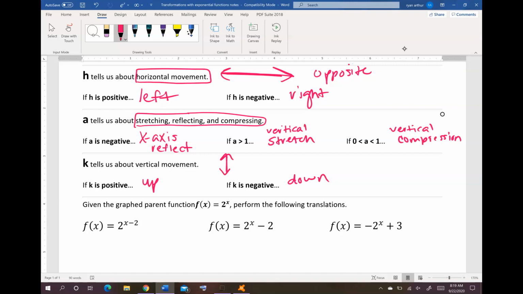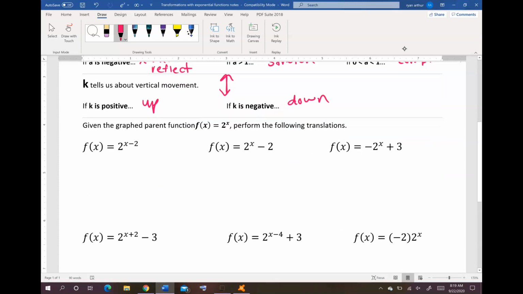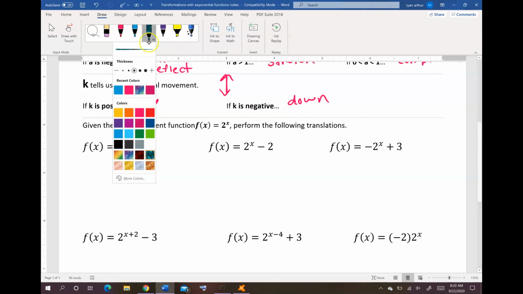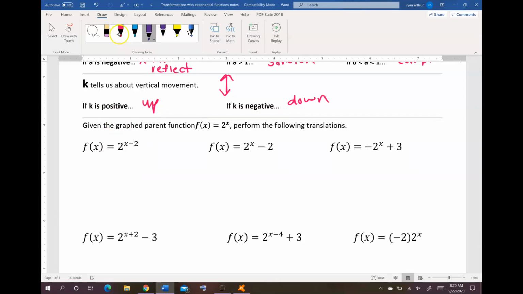So let me get my pens ready because you know I like to color code my transformations. Let's get a purple in there. So here we go.